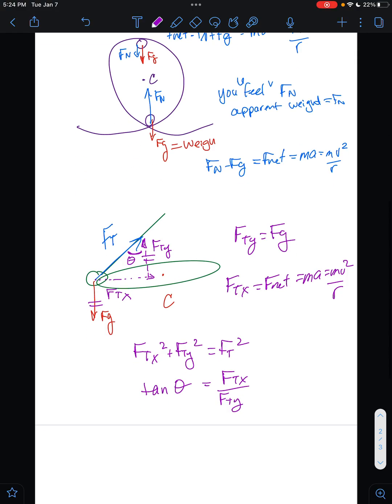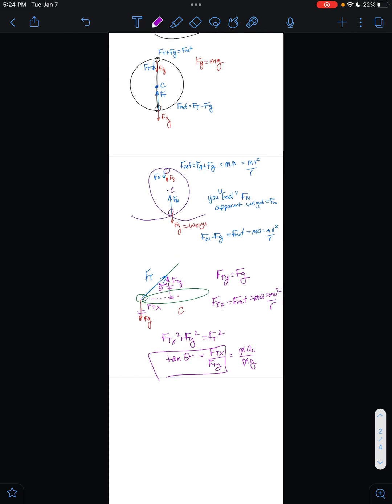And that's powerful for us because we could set the FTX equal to our net force, or MA. And we said that FTY was equal to FG, or MG. And so all of a sudden we can do some weird stuff and make some magic happen. But it all comes from just understanding where these connections are made.